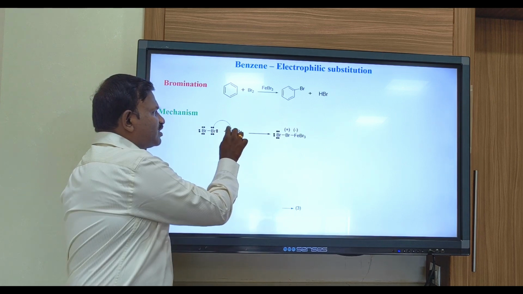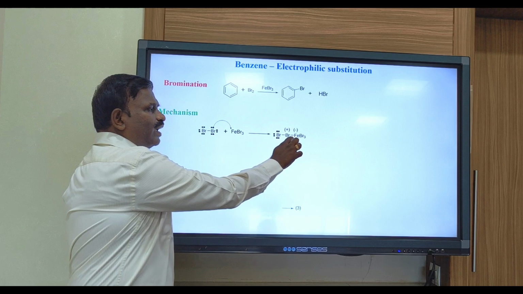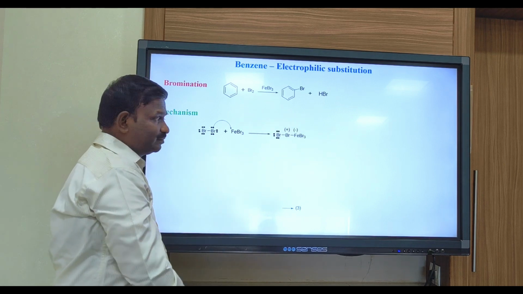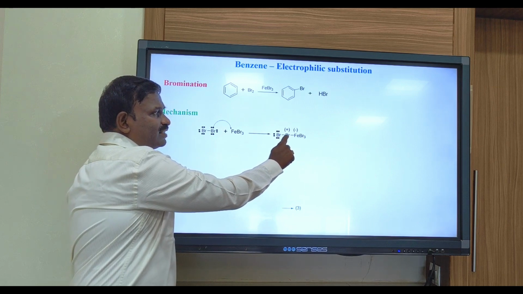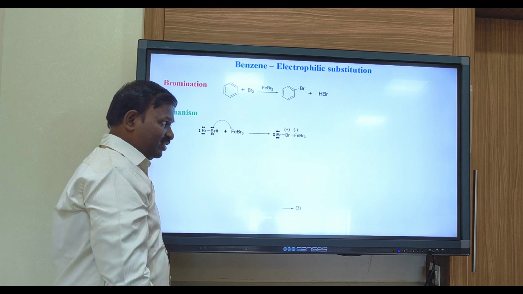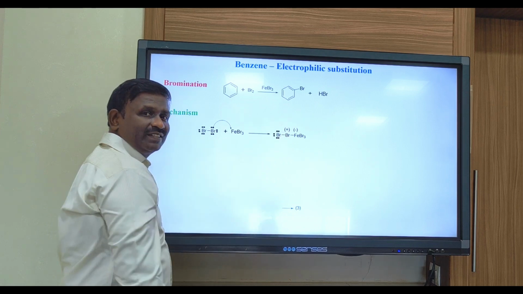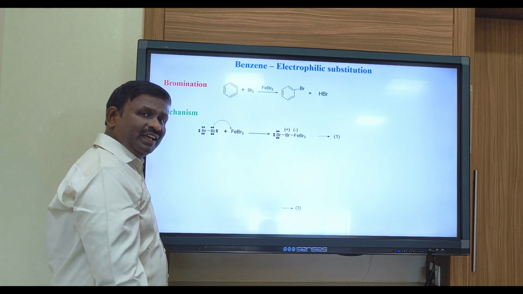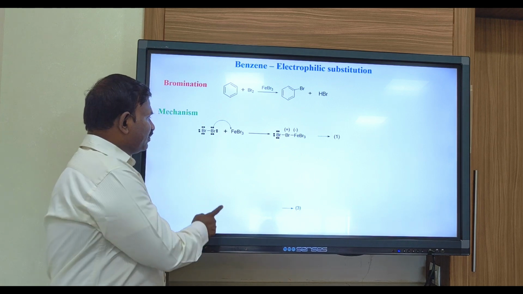These electrons are shared with iron. That's why iron has become electron rich. As the bromine has shared its electrons with iron, it has become an electron deficient species, which we represent as plus. This is the first step and is the rate limiting step.